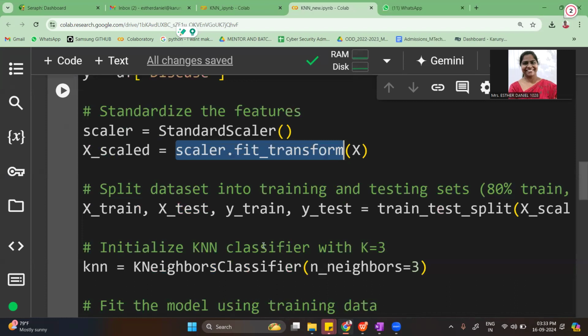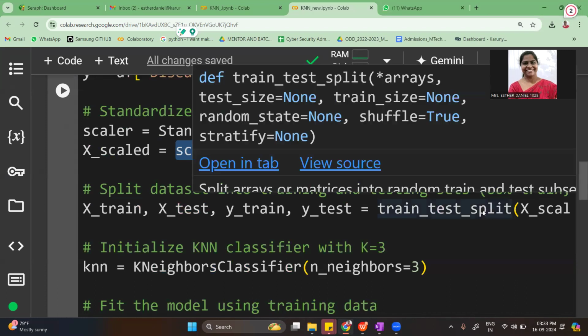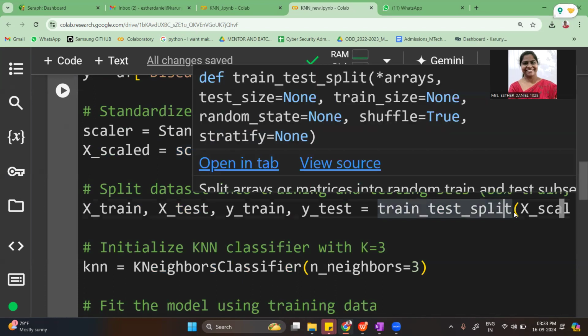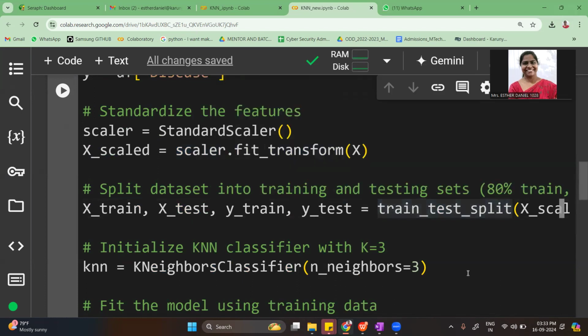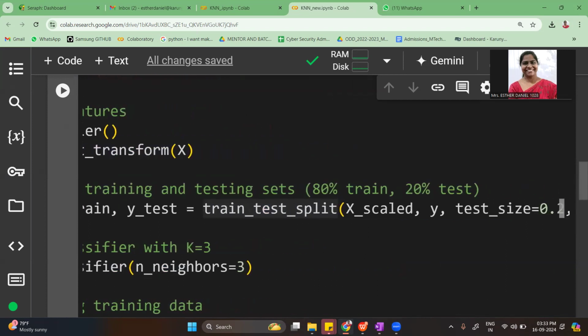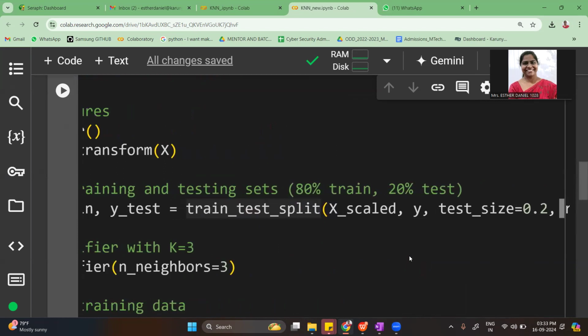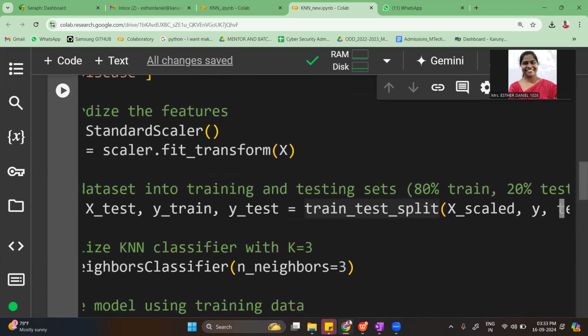Once the features are standardized, I'm giving those standardized features for splitting into training and testing. So here 80% of the data is used for training, and 20% of the data is used for testing. So we are giving the X scaled and the Y data.